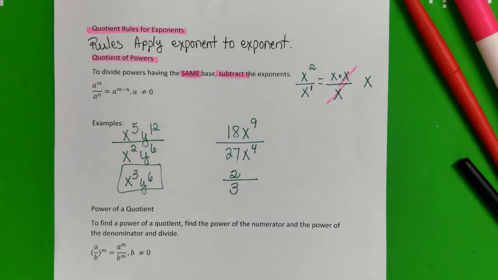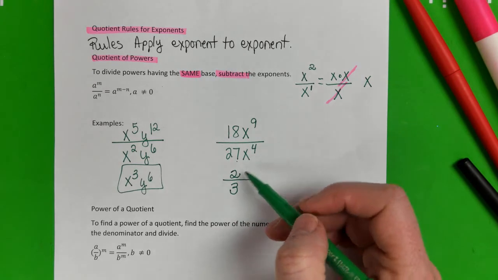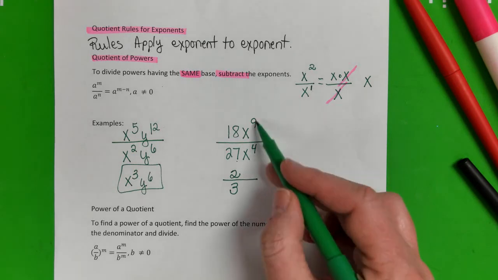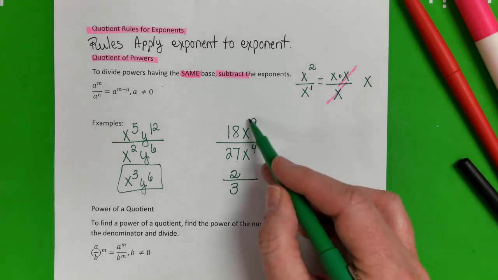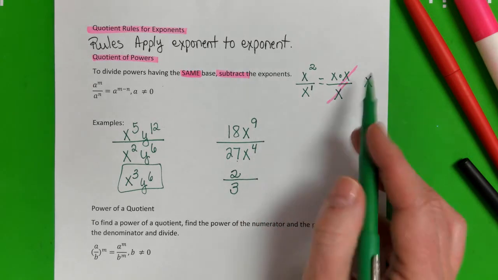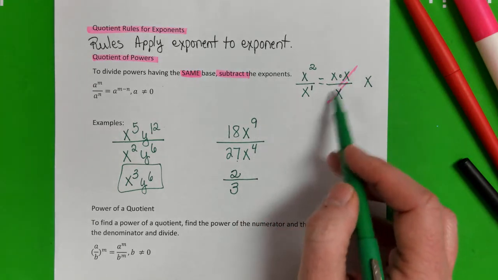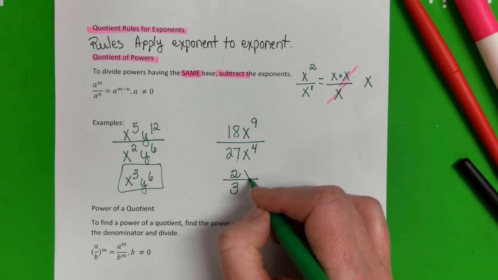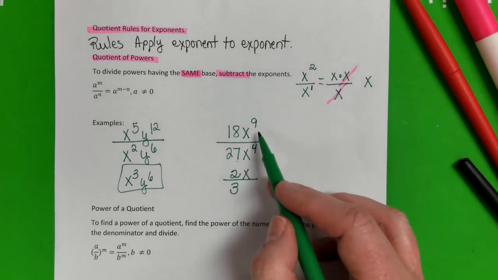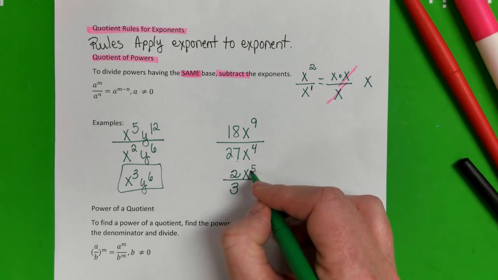Okay? And now as far as my x's go, I'm going to subtract their exponents. Now you may be wondering, well, Miss Adams, where do I put this? So what I want you to see is, don't you have more x's on top? So if I am going to eliminate these and kind of in our mind cancel out, won't I have x's left on top? 9 minus 4 is 5.